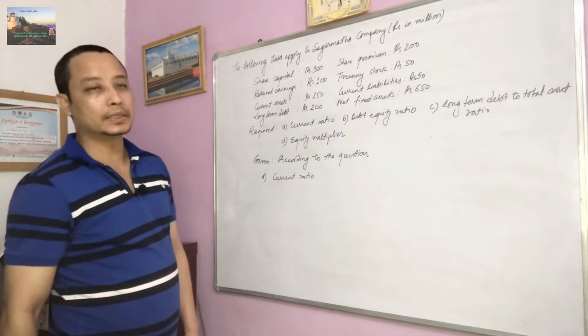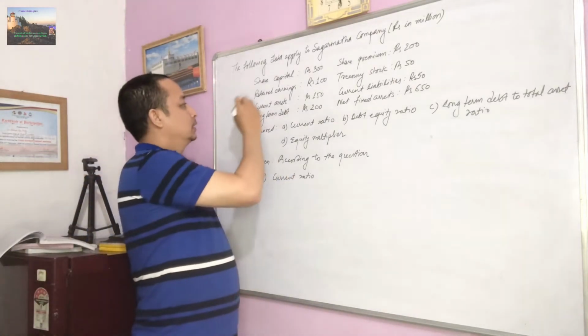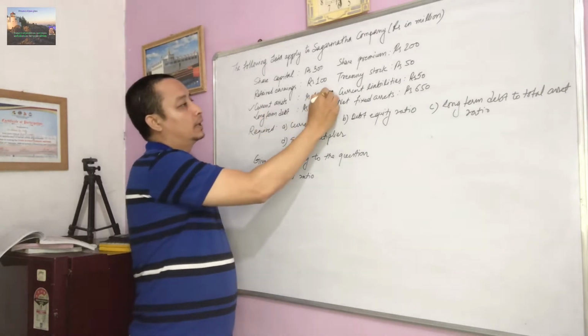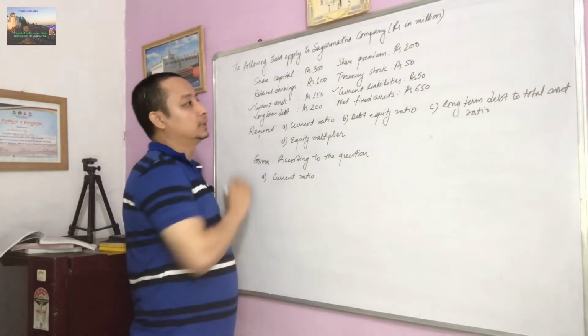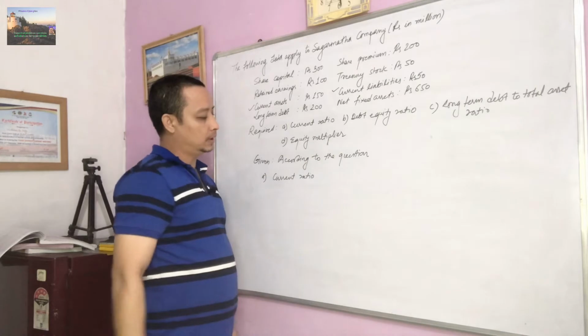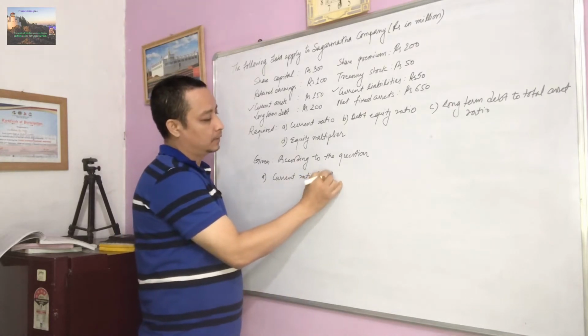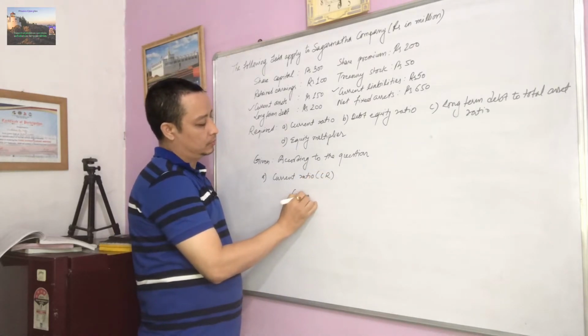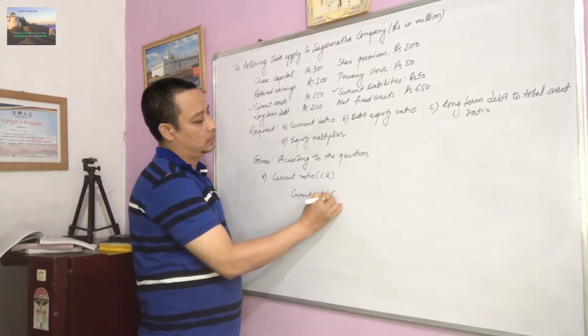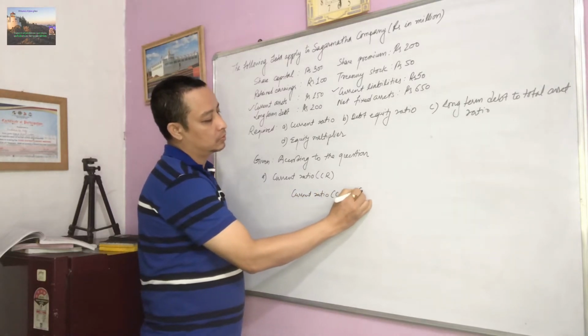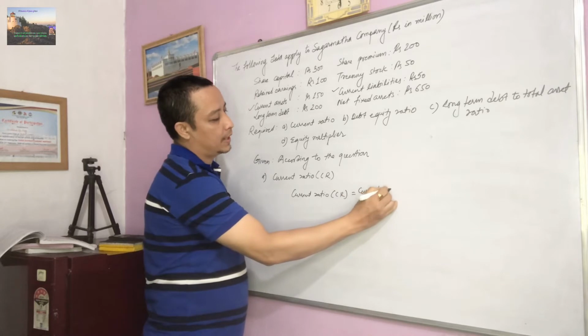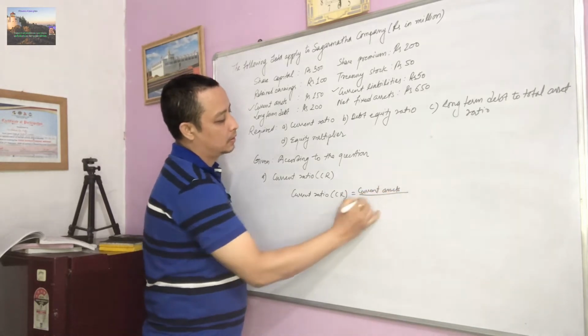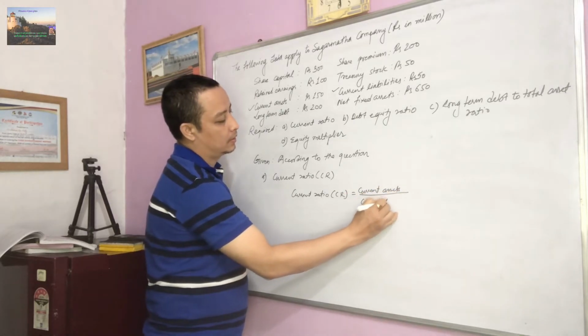So to find current ratio, you require current asset and current liabilities. Current asset is given here, current liability is also given here. So now you can find current ratio equals to current assets upon current liabilities.